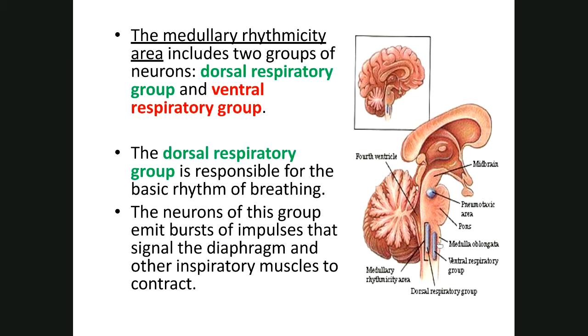So in normal quiet breathing, we are under the control of the dorsal respiratory group. The dorsal respiratory group in the medulla oblongata, in the rhythmicity area, is responsible for the basic rhythm of breathing.